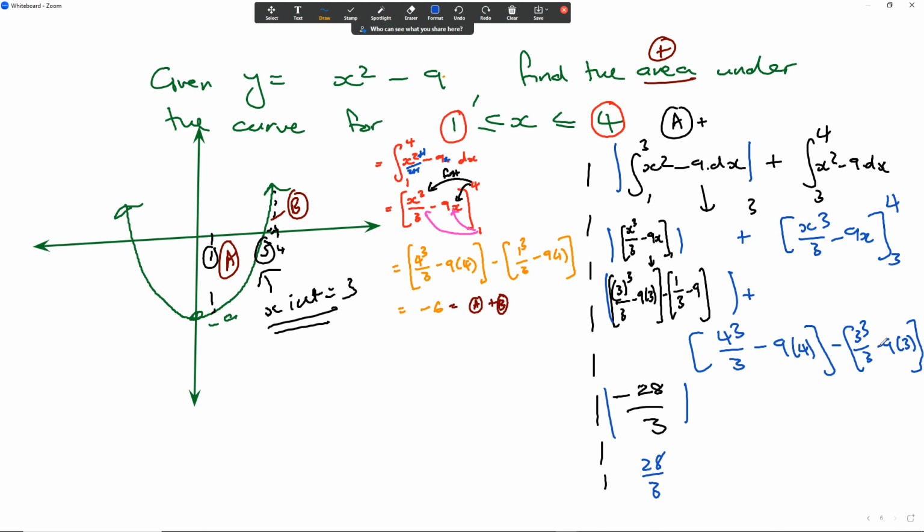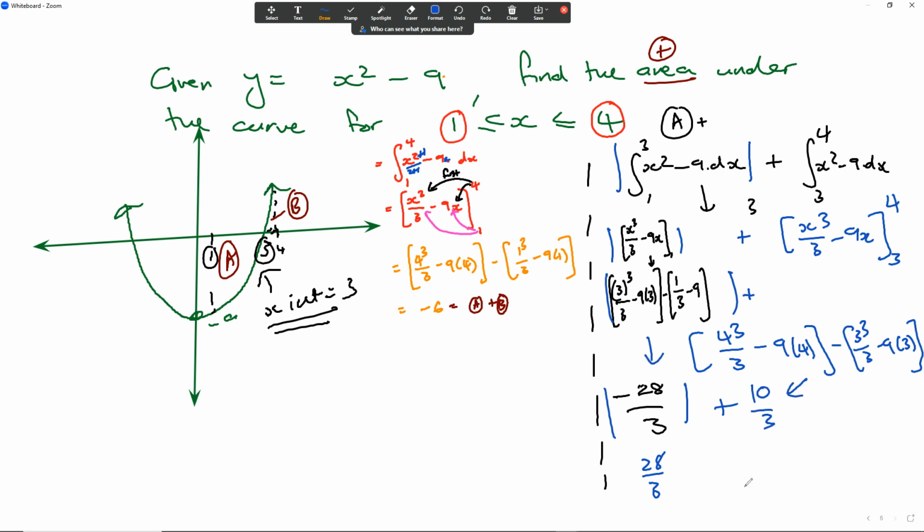So make sure it's all in order, and calculator work here. It will come to 10 over 3. So this will be plus 10 over 3, which will be that value.